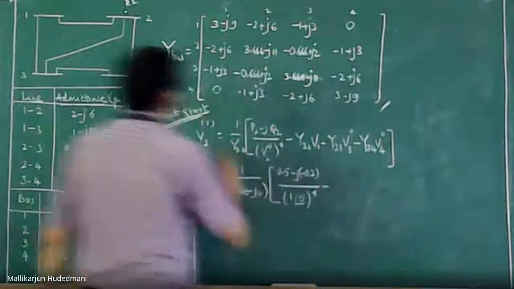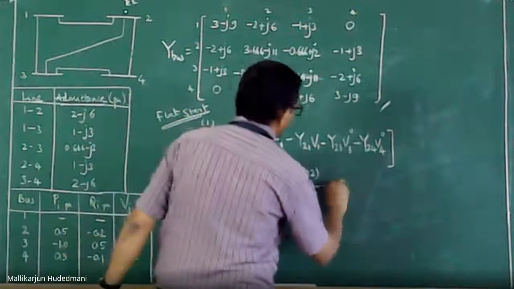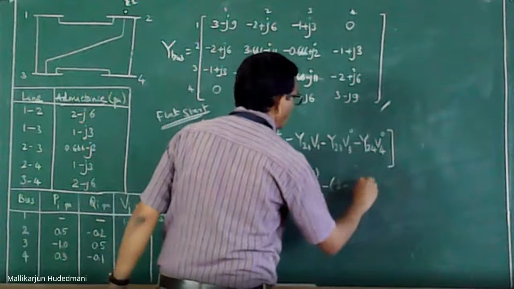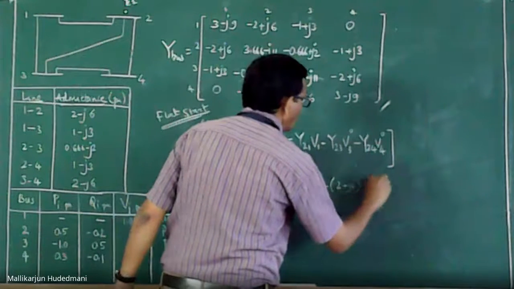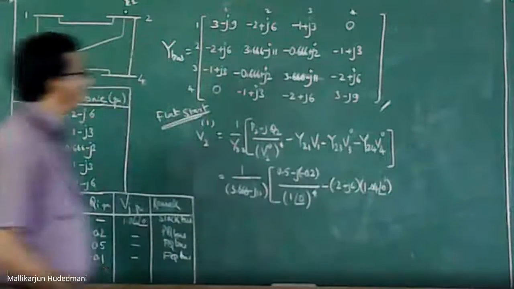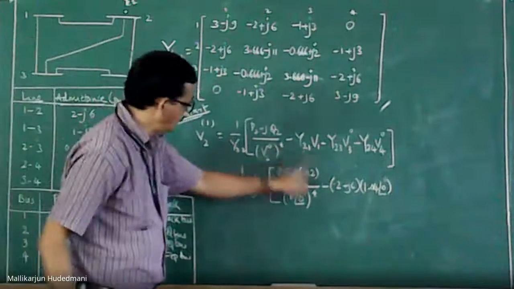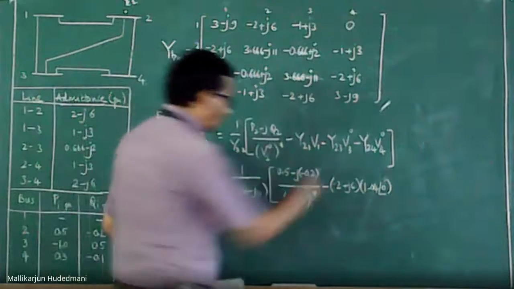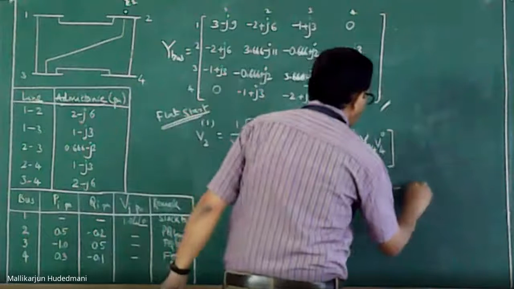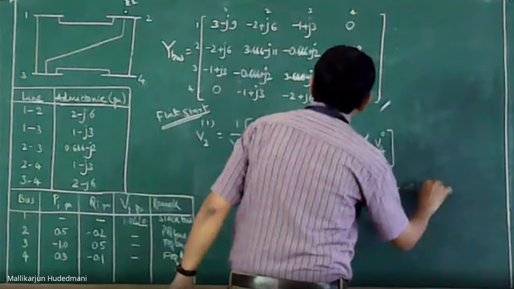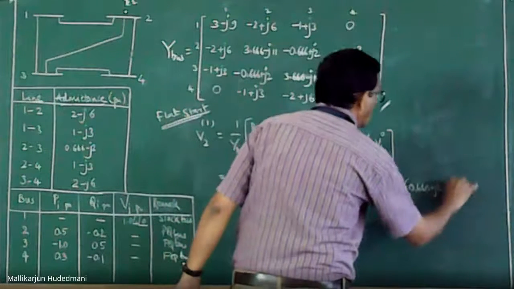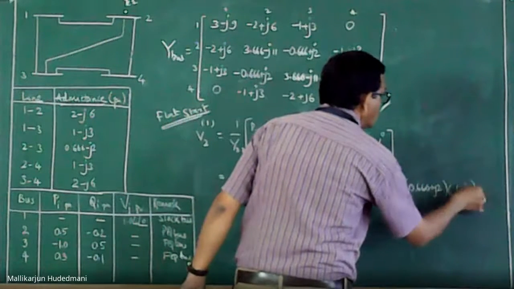Minus. What is Y21 for you? Minus 2 plus J6 into 1.04 angle 0. See here how I am writing this? This into this in bracket. Next term, minus 23. Why 23 is minus? 0.666 plus J2 into 1 angle 0.